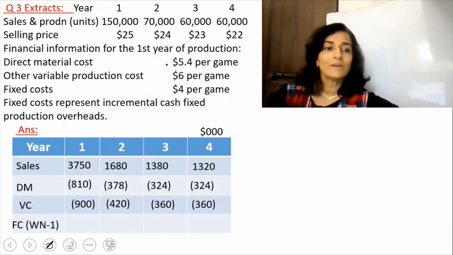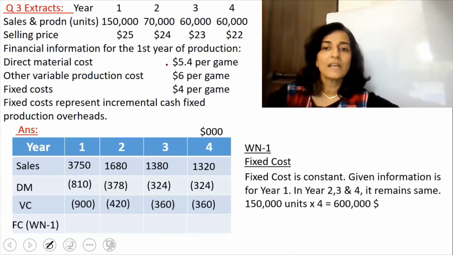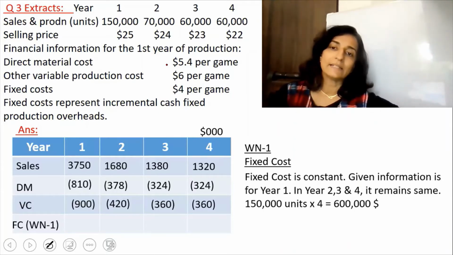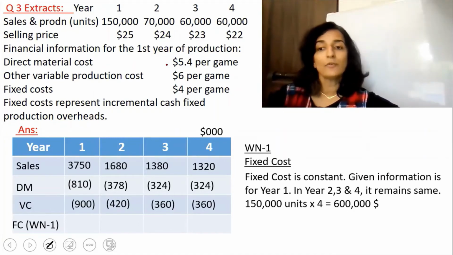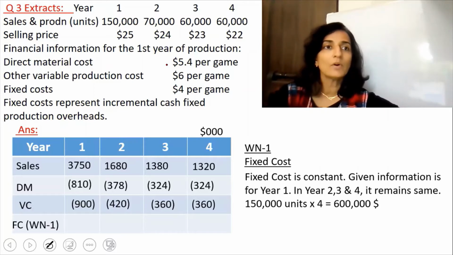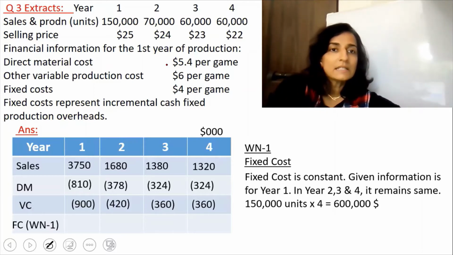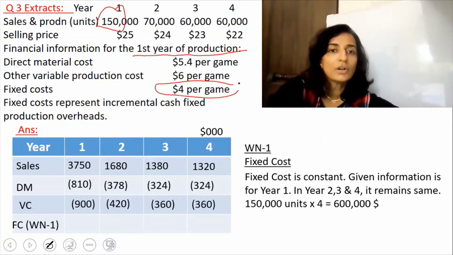So fixed cost, I will write it as working note 1. So working note 1, the fixed cost is constant. Given information is for year 1. So in years 2, 3 and 4, it remains the same. So what is the amount of fixed cost? It is the first year of production. So it is 150,000 units into $4 per game.